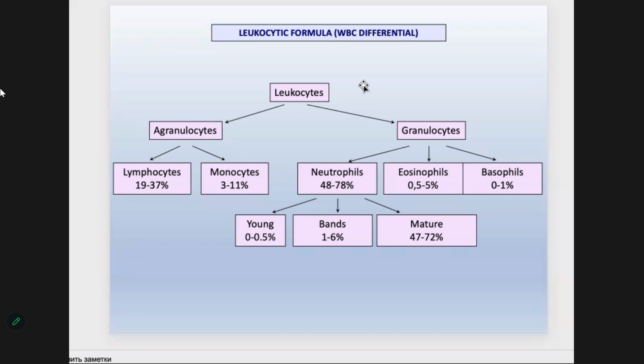So the first classification: according to the presence of granules in the cytoplasm, all leukocytes are subdivided into agranulocytes without granules and granulocytes with the specific granules in the cytoplasm.